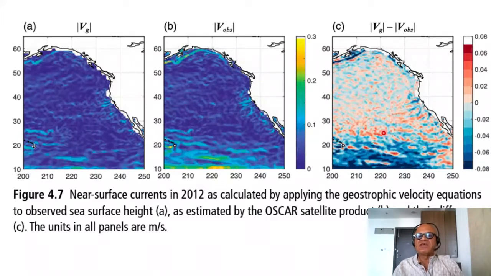You can see the differences can be significant, a significant fraction of the actual currents. Large scale features are captured well, but the differences are not small at all.